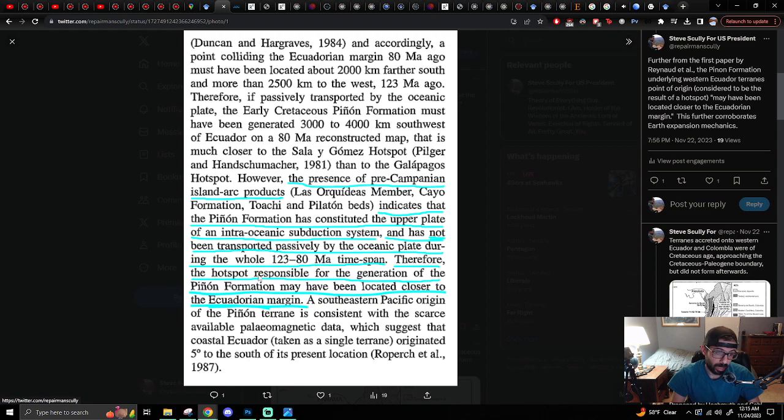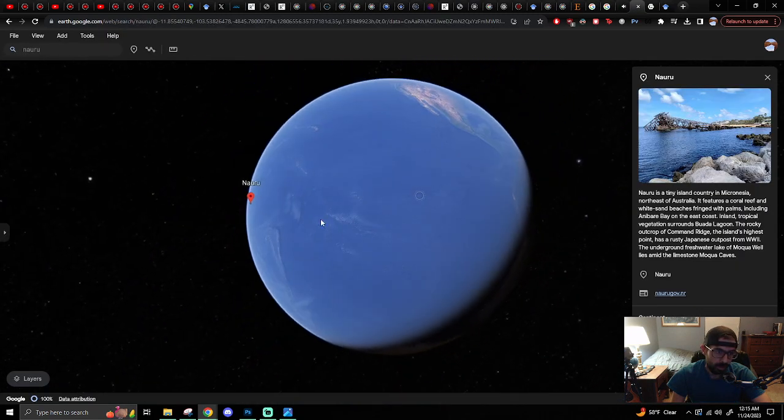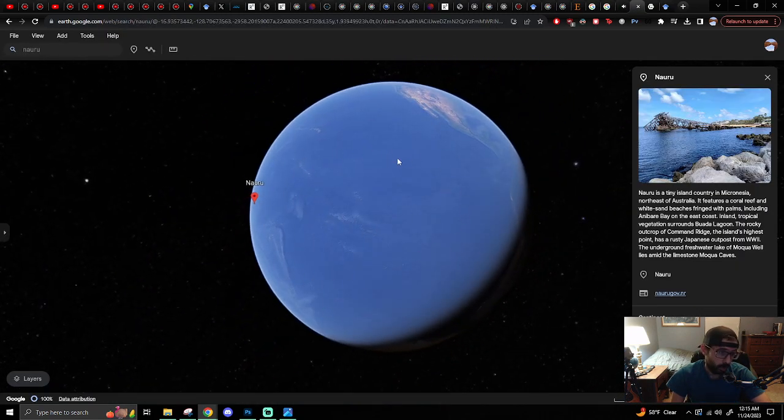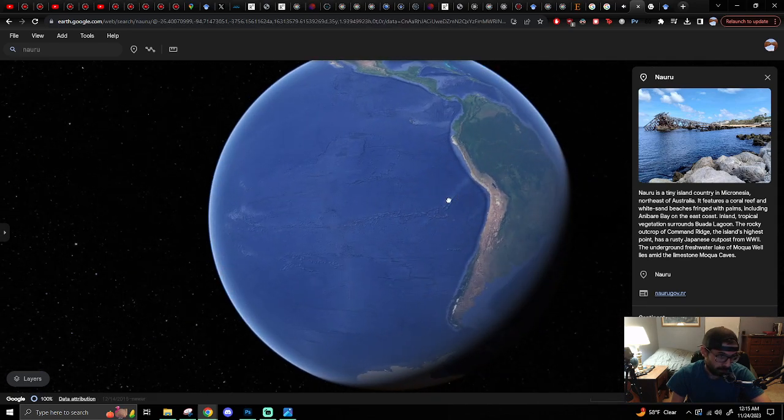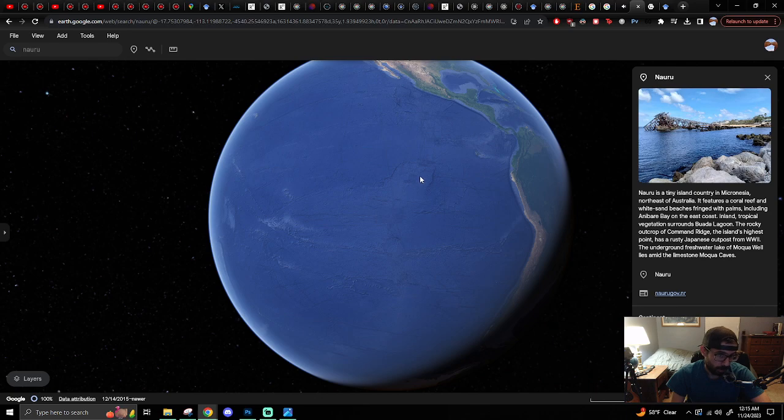Therefore, the hotspot responsible for the generation of the Pinon Formation may have been located closer to the Ecuadorian margin. Plate tectonics says that an ocean of this size existed and these were separated, but Earth expansion puts all the continents back together.